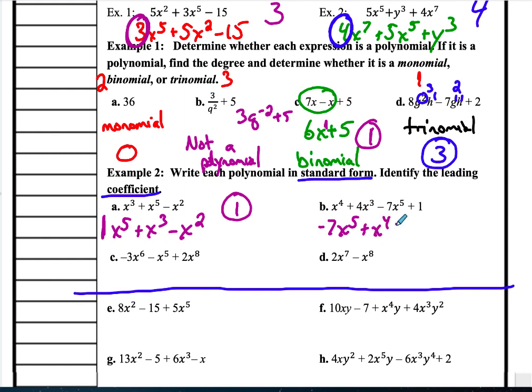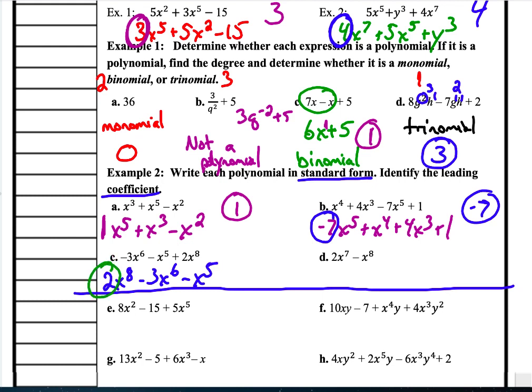Plus x to the 4th plus 4x to the 3rd plus 1. Okay, it's descending order with my exponents, and my leading coefficient is negative 7. Here I've got 2x to the 8th minus 3x to the 6th minus x to the 5th. So descending order, and I just take the coefficient of that first term.